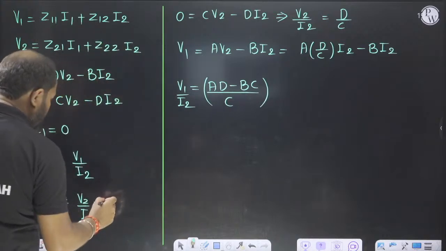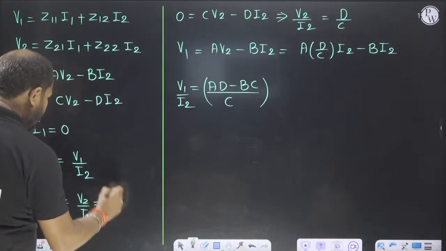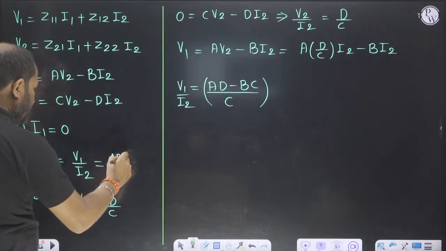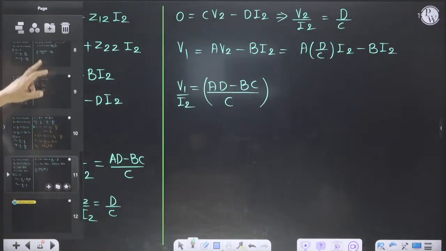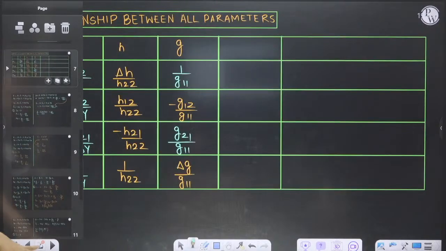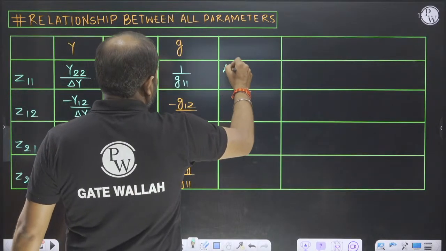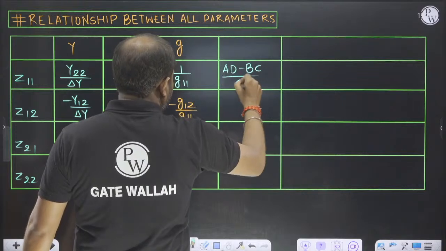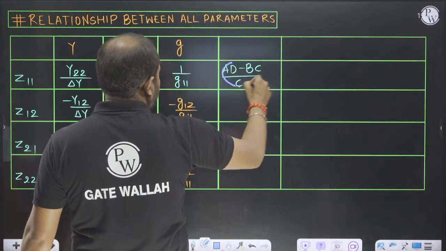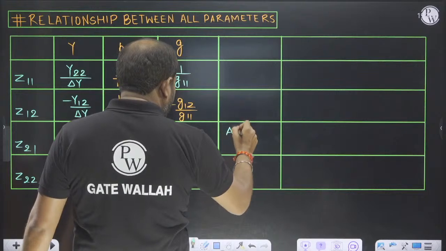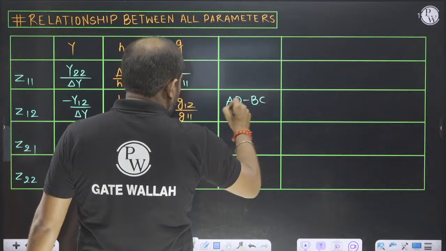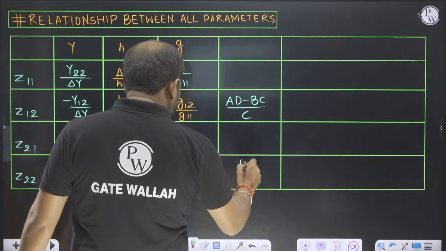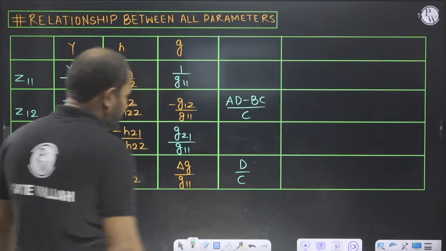So this one is D by C and this one is (AD minus BC) divided by C. So Z11 will be equal to (AD minus BC) divided by C, and sorry, Z21 will be equal to D by C and Z12 will be equal to (AD minus BC) divided by C.